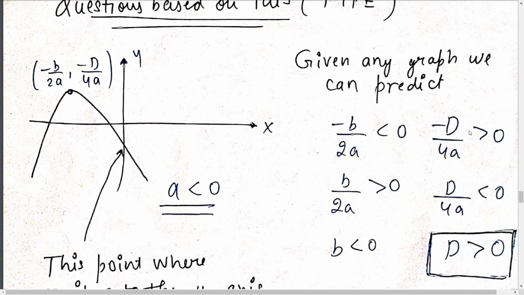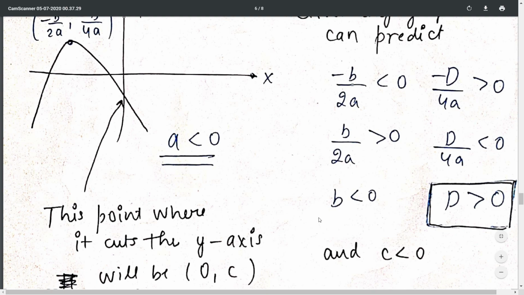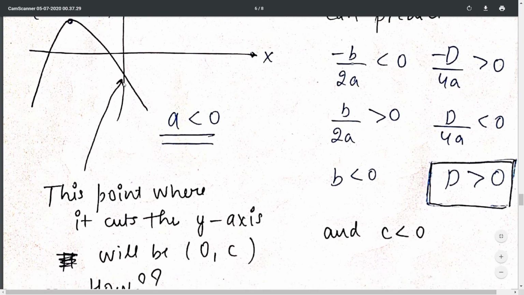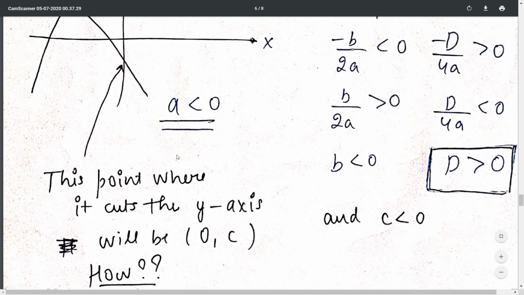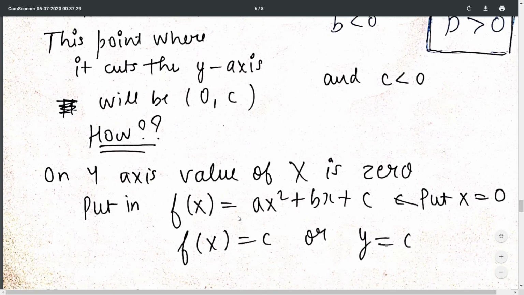Similarly, the y coordinate is greater than 0, minus d by 4 is greater than 0. So d by 4 is less than 0, d is greater than 0 because a is less than 0, on similar logic which I mentioned for the x coordinate. Take any example. So this is the point where the graph cuts the y-axis, and its coordinate will be 0, c. How? On the y-axis, the value of x is 0.